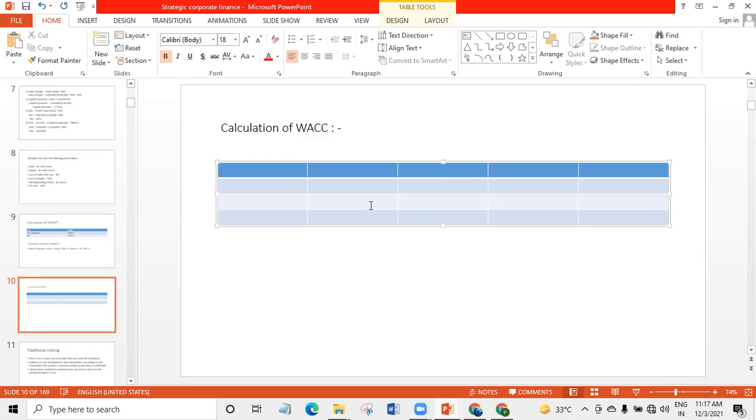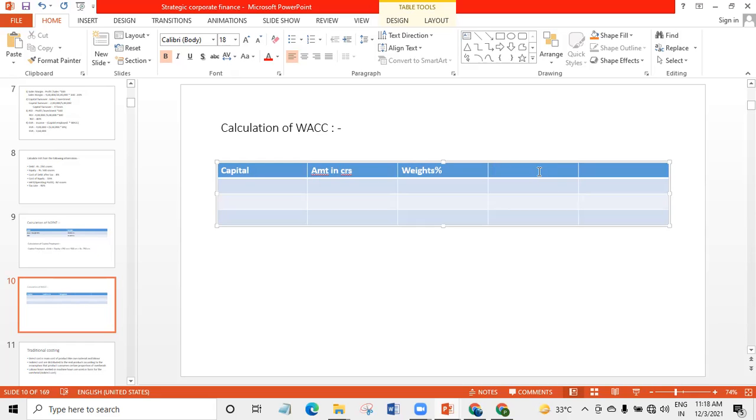First column is capital. Second column amount in crores. Third column proportion, that is weights, proportion of debt and proportion of equity in the total capital employed.